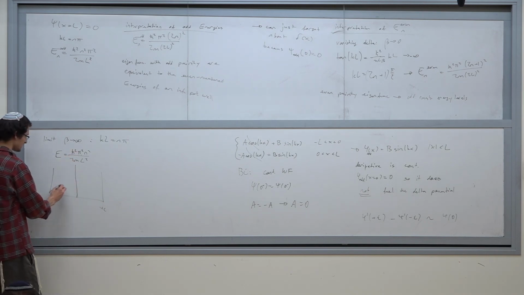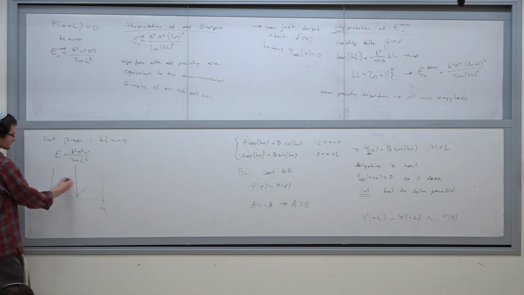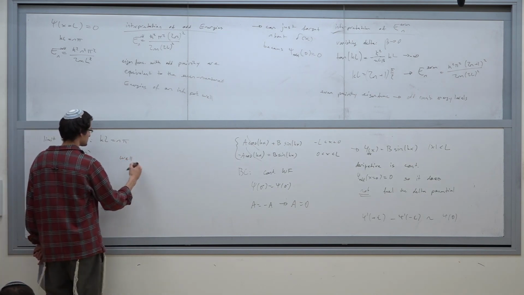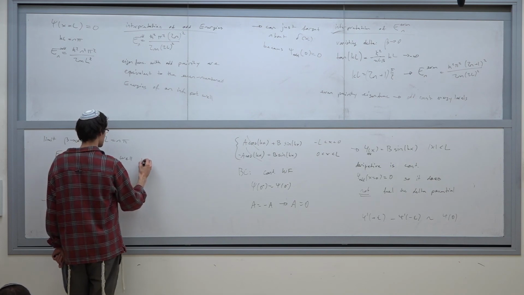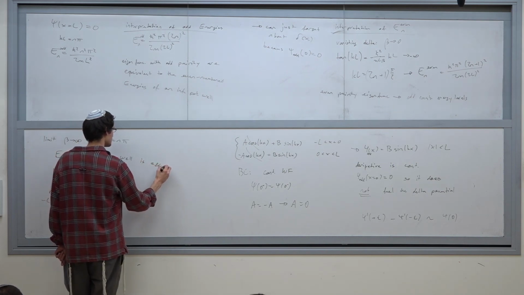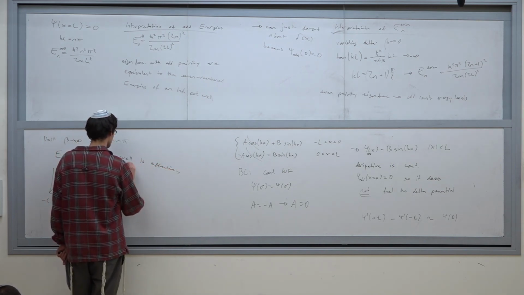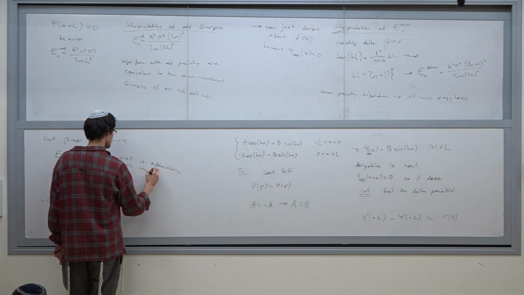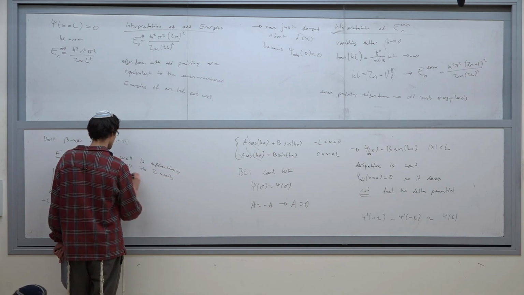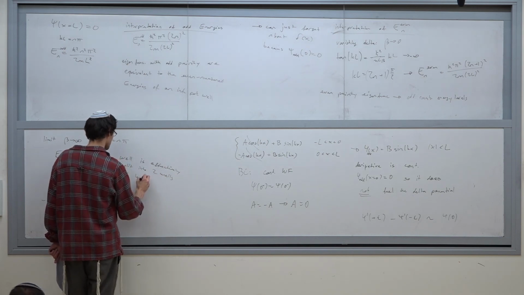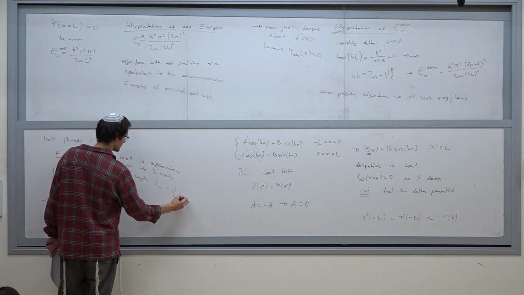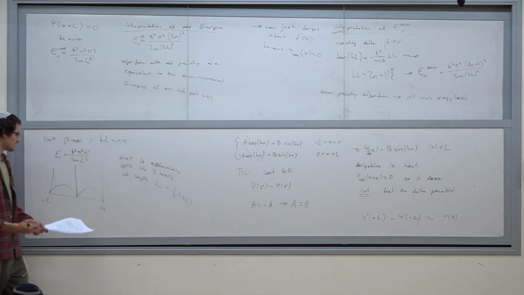So there's a ground state here, another ground state here, and then a first excited state here, and a first excited state here. So the well is effectively split into two wells, each of length L, which is half of 2L, half what we had beforehand.